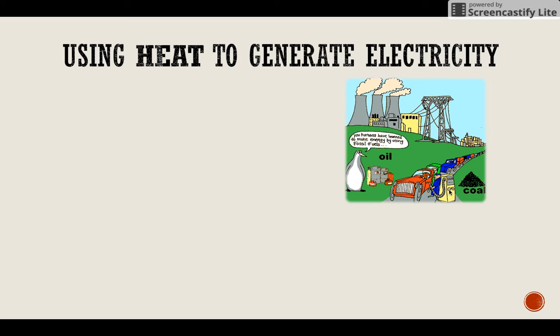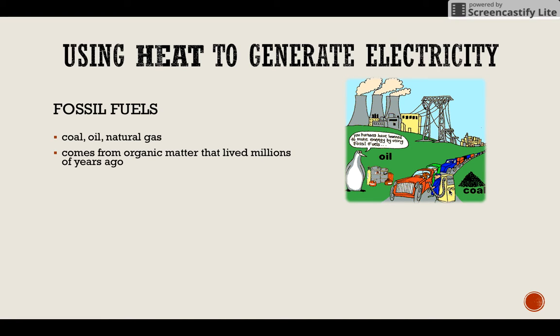And how do we get that steam to power the turbine? Well, first thing we're going to do is burn fossil fuels. Fossil fuels are fuels such as coal, oil, and natural gas that act as the burning fuel for the generator. So we burn the fossil fuels, they create steam, the steam powers the turbine and creates that current.